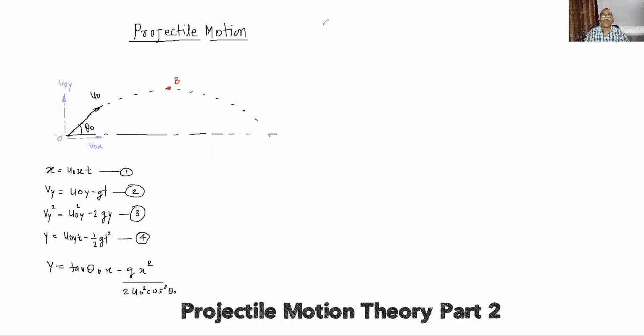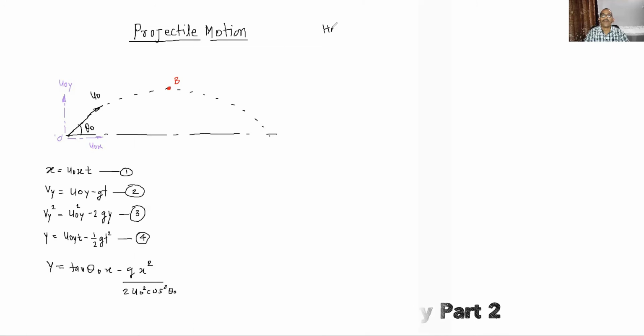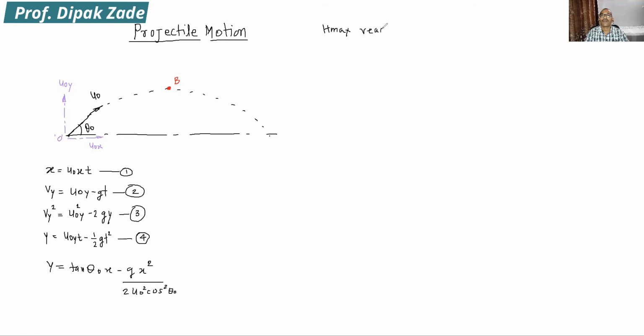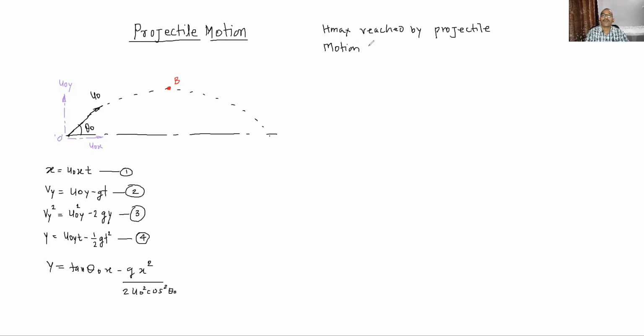Therefore, to find this h max, the maximum height reached by the projectile, we will consider the motion from O to B, from the initial point of projection to point B. At this point B, the component of velocity in the vertical direction becomes 0.